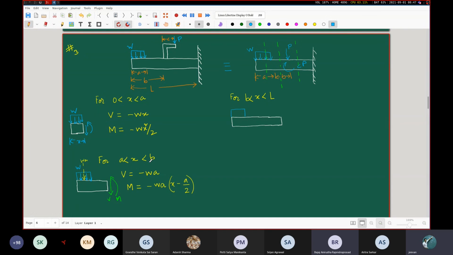No, X is lying between A and B. Think about it.